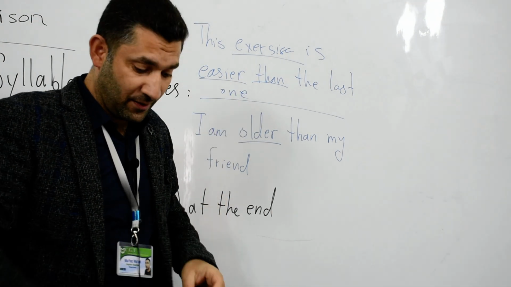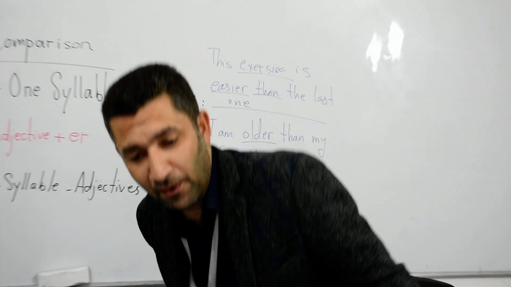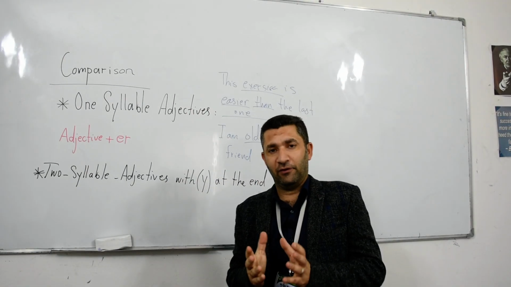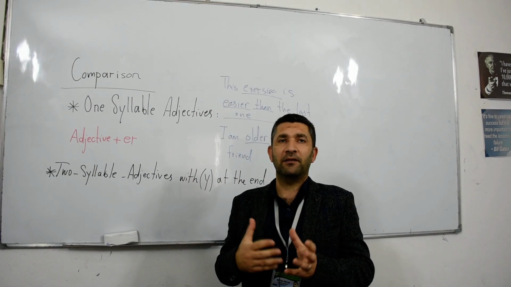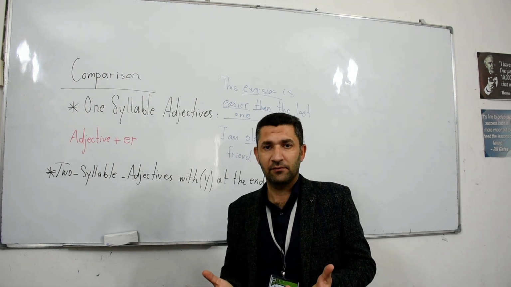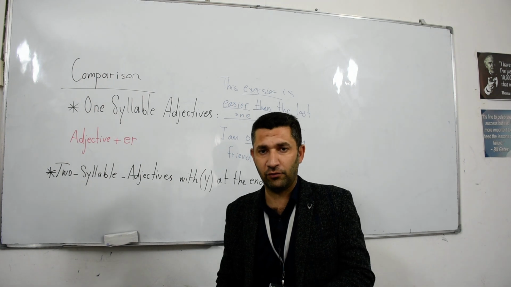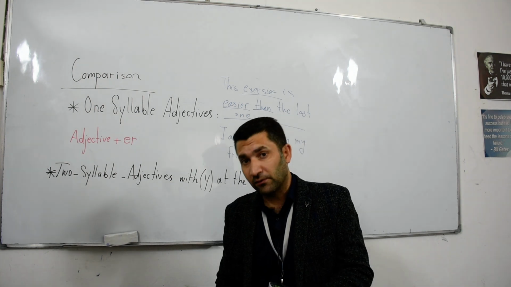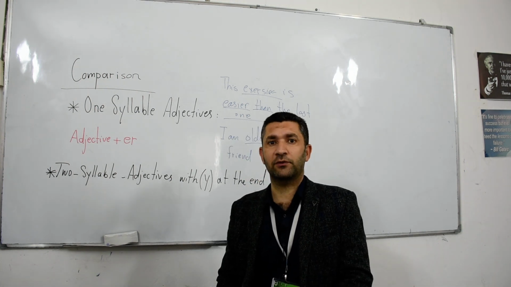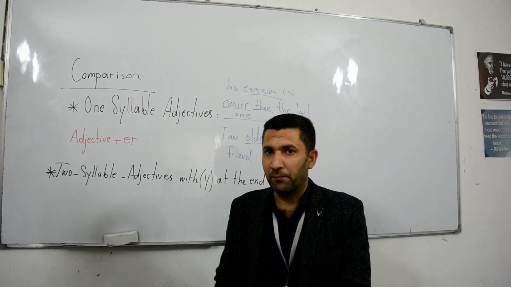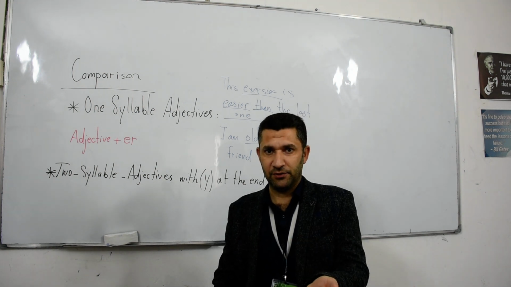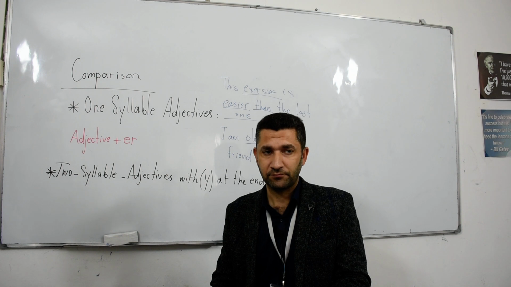Okay, so using the comparative in English is something widely used. So you need to be careful whenever you want to compare two entities in English. And still, we have some other points that we want to discuss, but they will be discussed in the next episode of these videos.